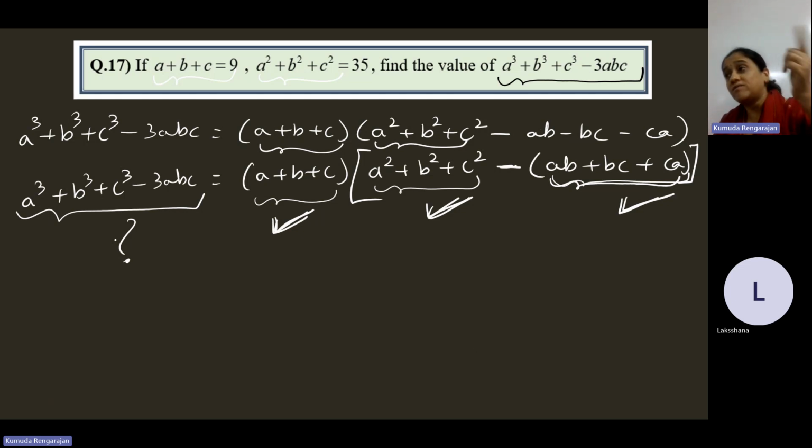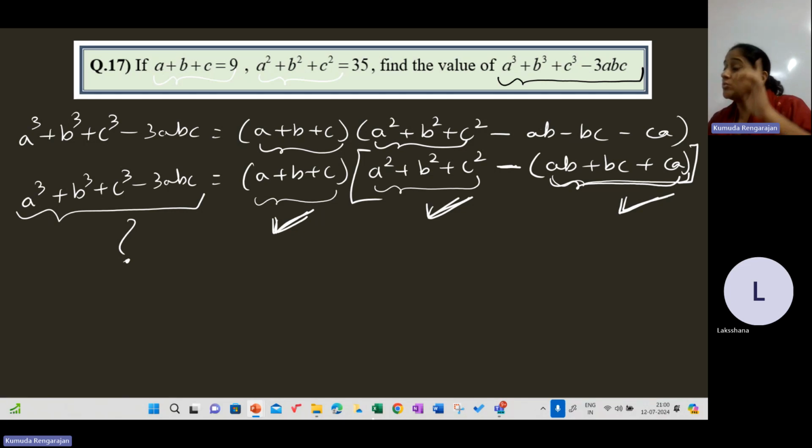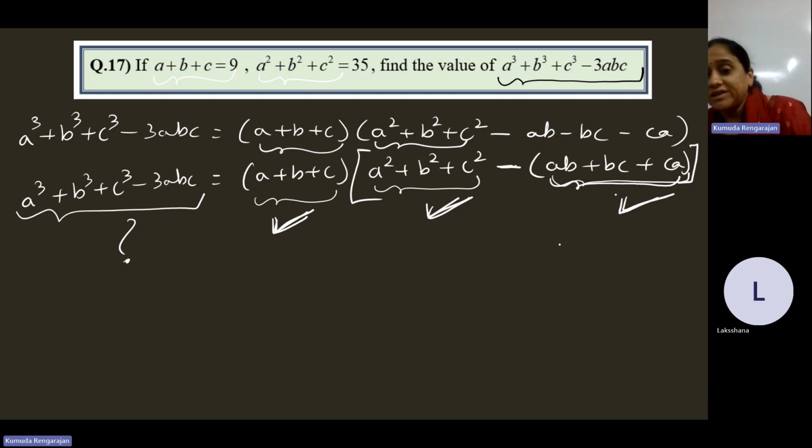So you need to find the value of this expression using a different identity. Now you should think of the identity which has this expression AB plus BC plus CA. You must use that identity, find the value of AB plus BC plus CA, and then use it here. Understand that the value of A cubed plus B cubed plus C cubed minus 3ABC can be found only using this identity.